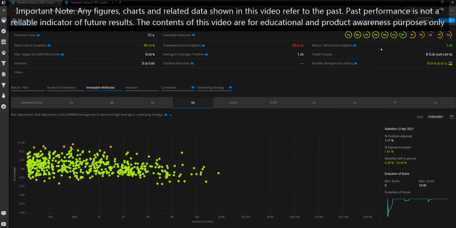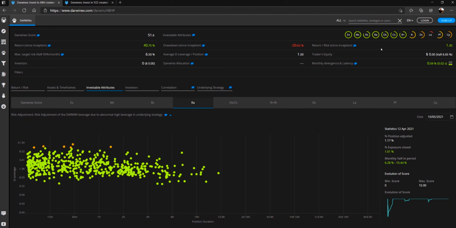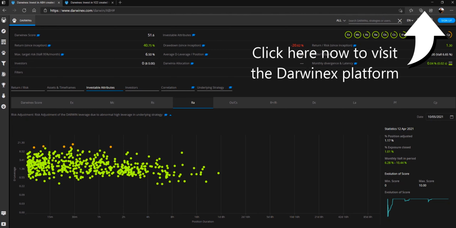But before I explain how this metric is calculated, you first need to understand the risk management algorithms within the Darwinex platform and why they exist. And the fundamental reason is, as I said before, the Darwinex platform allows investors to back traders with investment capital. And the trader then takes a percentage of any profit that those investors make.